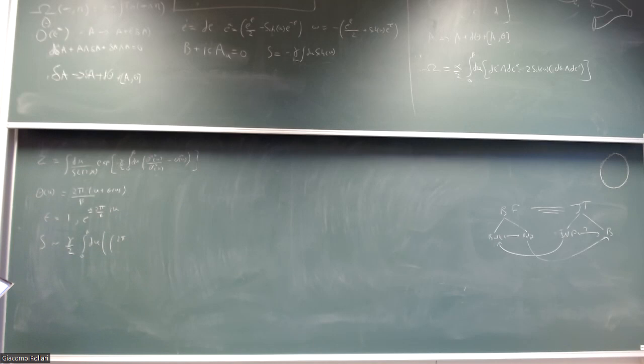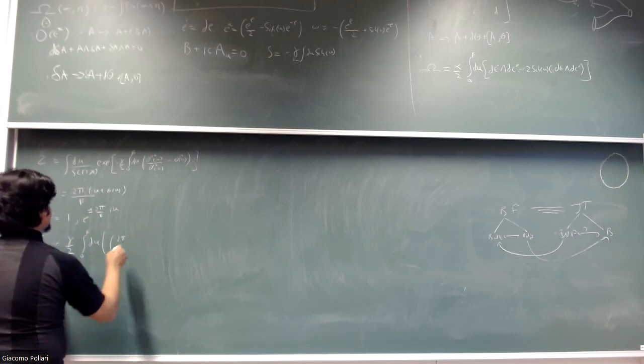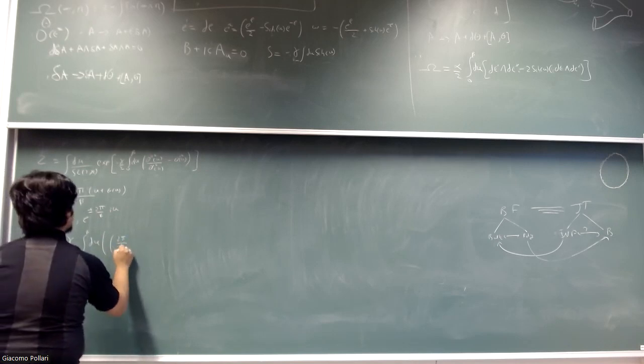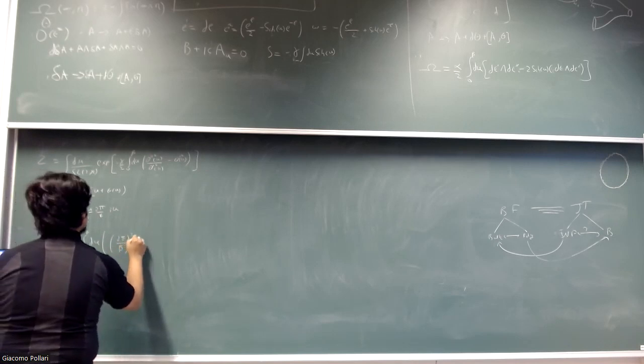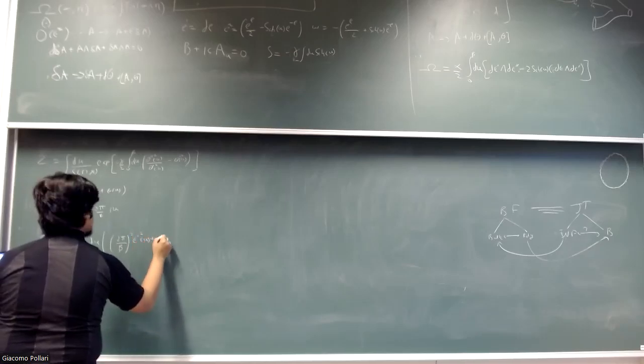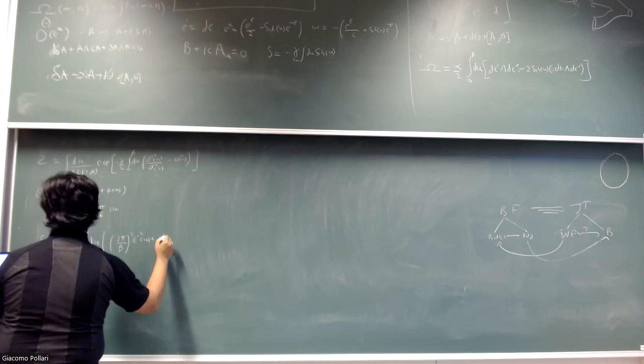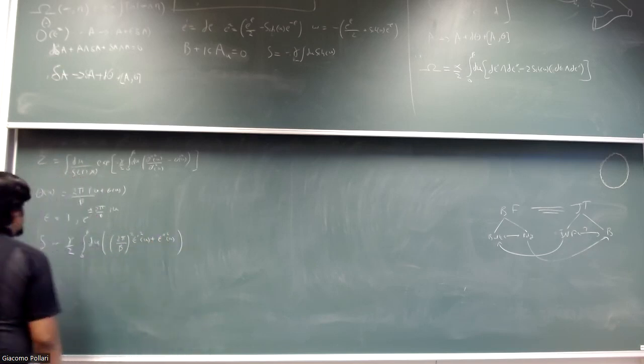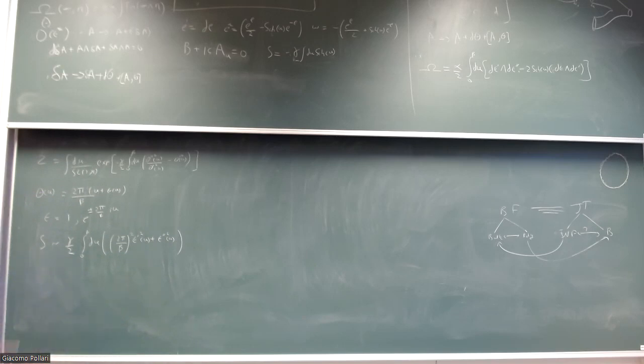There's a constant mode, and then I guess it's n equals 1 plus minus 1. Yes. This is the quadratic action you get.